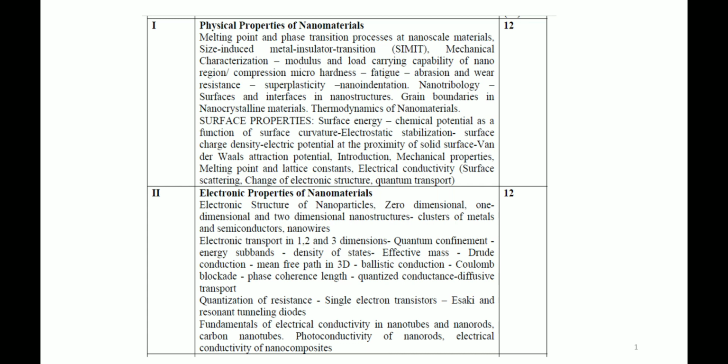As we reduce the size more and more, its band gap is going to increase, and that is why there is a transition from metal to insulator.